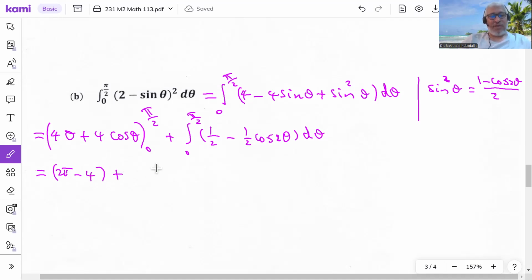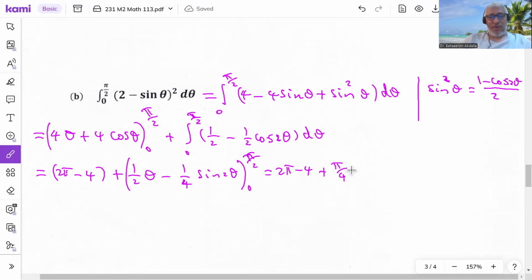And now here, the integral of half is half theta minus half. Integral of cosine 2 theta is sine 2 theta over 2, or I just write it here 4, from 0 to pi over 2. So I have 2 pi minus 4 plus, if I replace theta by pi over 2, I'll have half times pi over 2, and that's pi over 4. And sine 2 pi over 2 would be sine pi, which is 0.